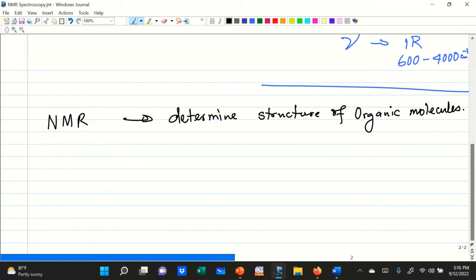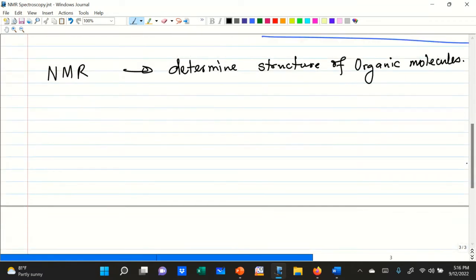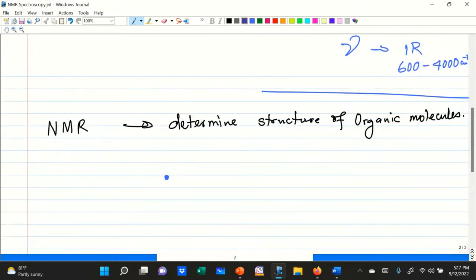So how do we get information about the whole molecule? By analyzing some interesting resonance in the nucleus. That involves going even further in depth with the nucleus. And it's not just any nucleus.